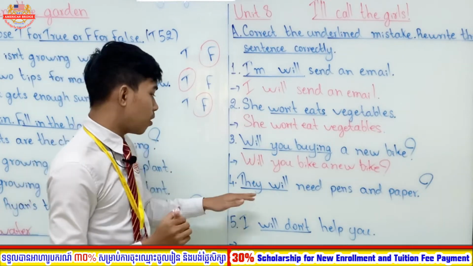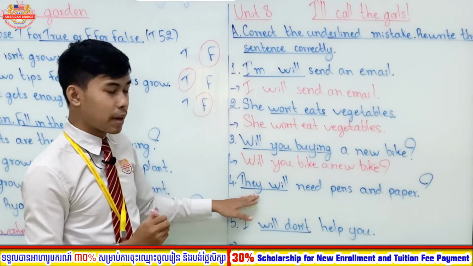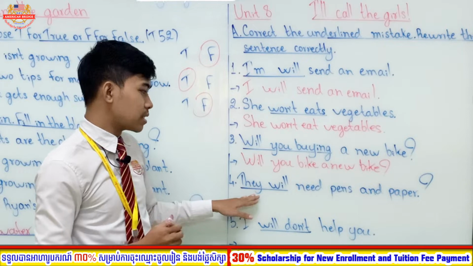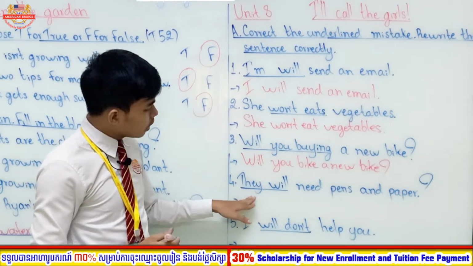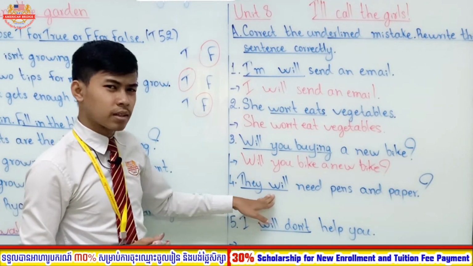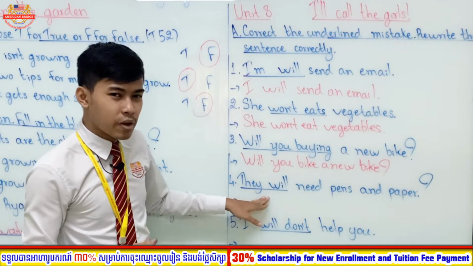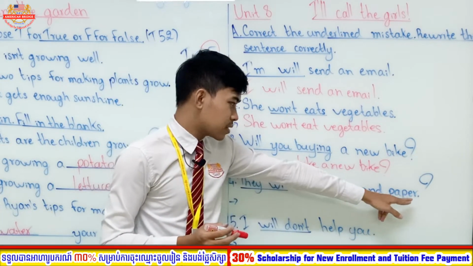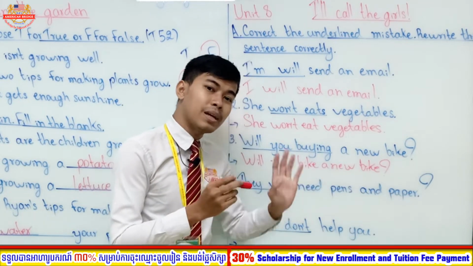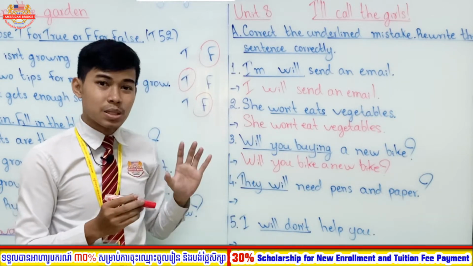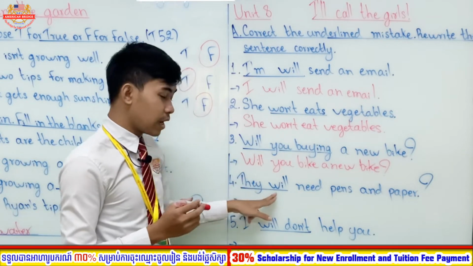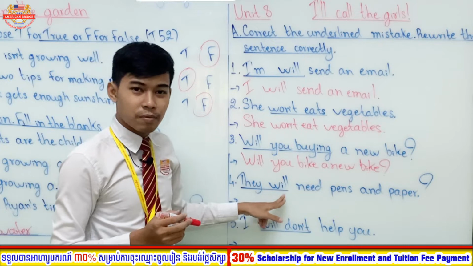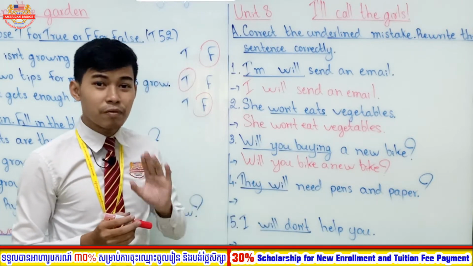Let's go to number 4. They will need pens and paper. Here, "they will" is correct, right? Why? Because look at the end of the sentence, it is a question mark. So this sentence must be a question. A question we have to start with will.